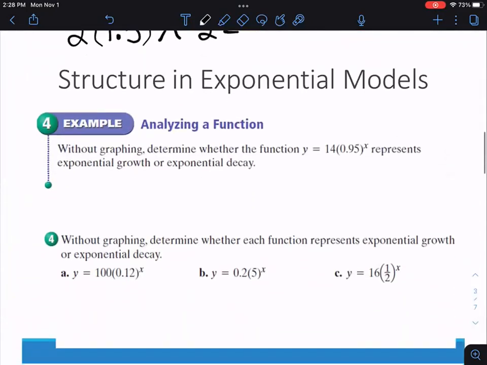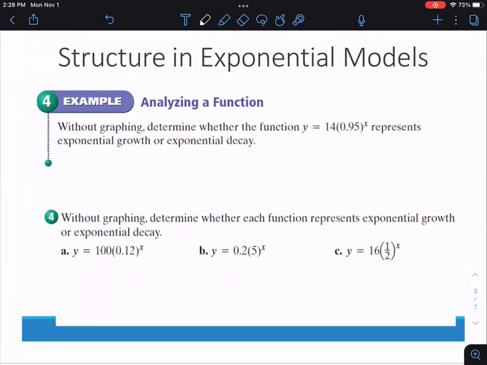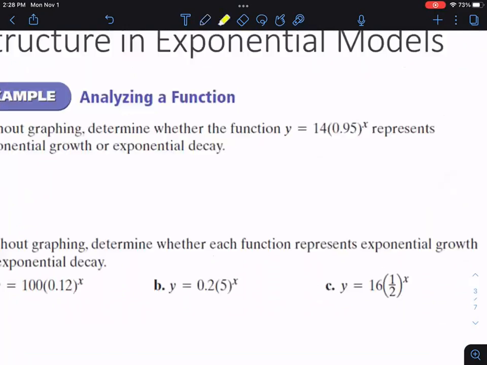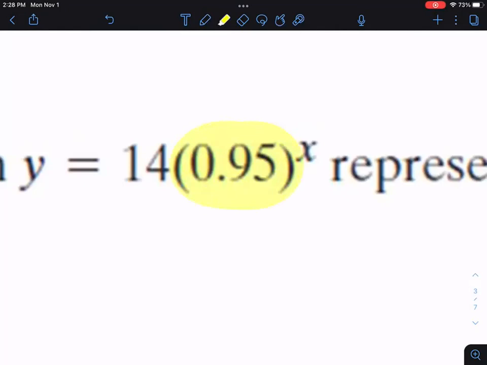So looking at the structure in exponential models, here we're asked, without graphing, determine whether the function y equals 14 times 0.95^x represents exponential growth or exponential decay. Remember, in order to classify this, we're looking at the number to which the exponent is attached. The exponent is attached to the 0.95.